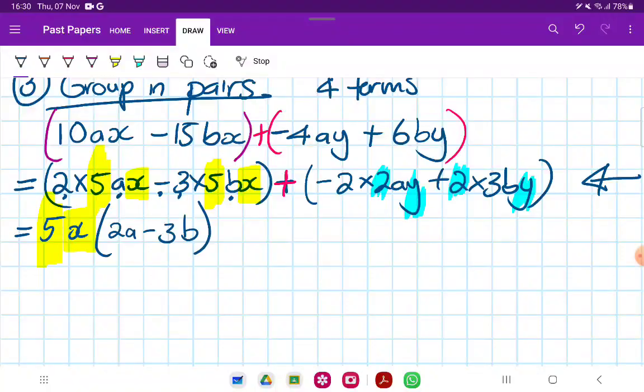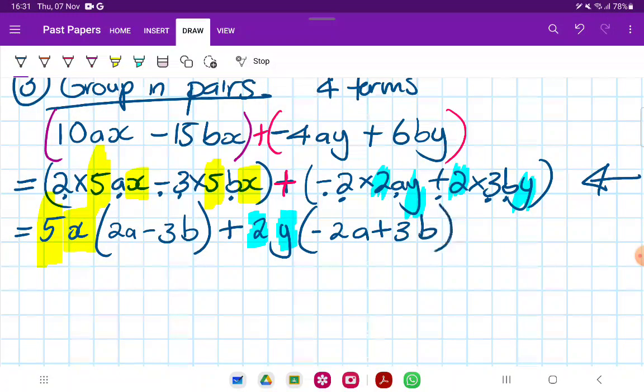Close my bracket. Bring down that plus sign. In my second one, hold on, I shouldn't close the bracket. First I take out my blue stuff, so I'm taking out 2 and I'm taking out y, which is 2y, bracket, negative 2a plus 3b, close my bracket.